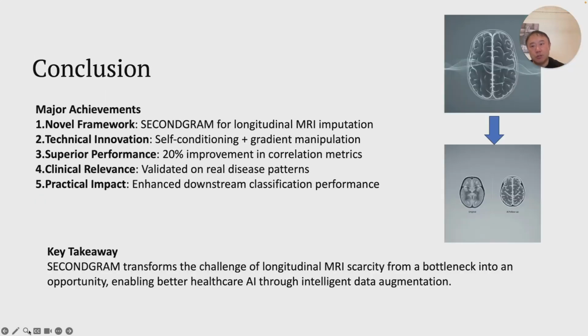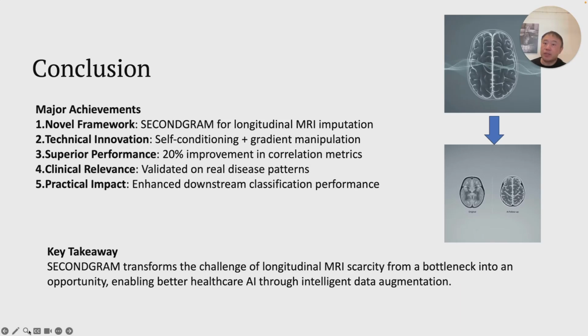So in conclusion, what we talked about today is a novel framework called SECONDGRAM for longitudinal MRI feature imputation. The technical innovations include a self-conditioning approach to leverage unpaired data, those individual scans, together with paired data, the real longitudinal pairs of initial and follow-up scans.